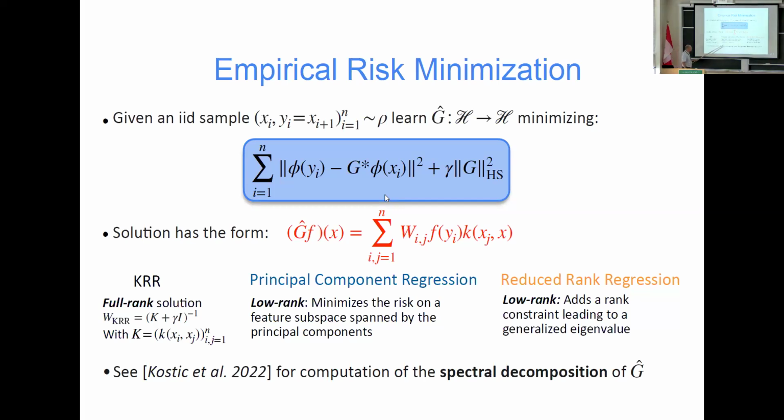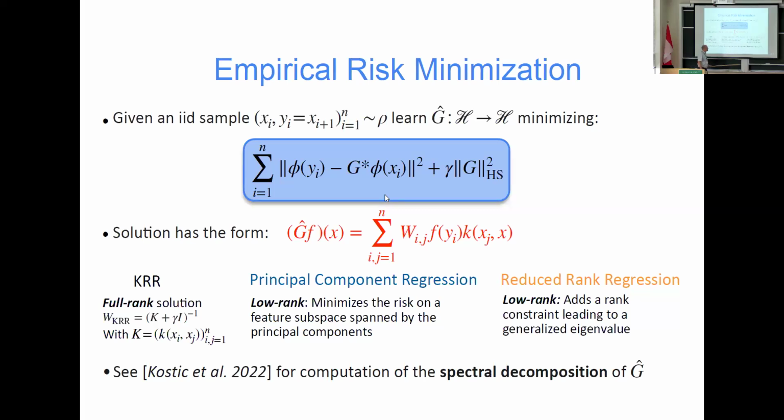The way it works, it chooses a fixed set of basis functions, which might be computed by finding the leading eigenfunctions of the covariance matrix of these features, and then it minimizes the empirical risk over these basis functions.